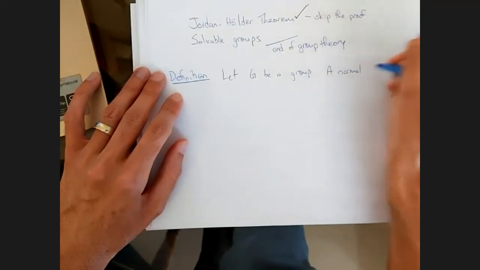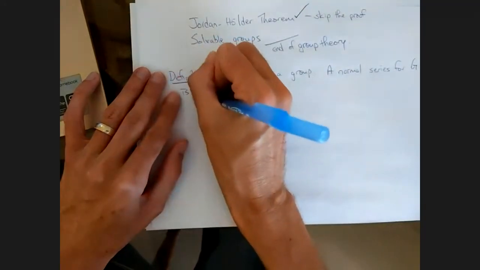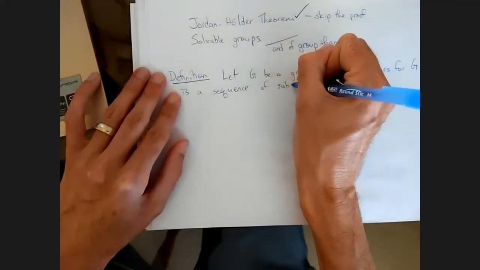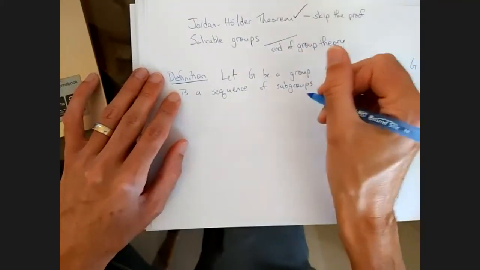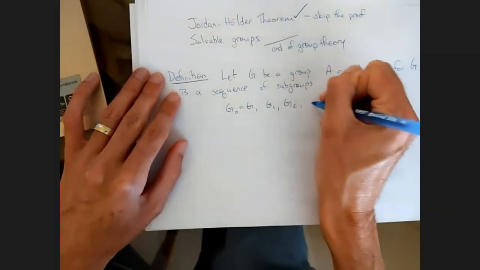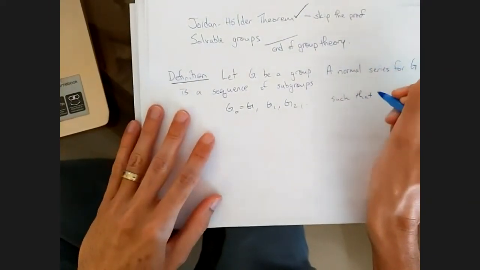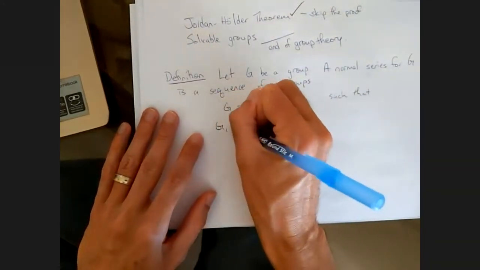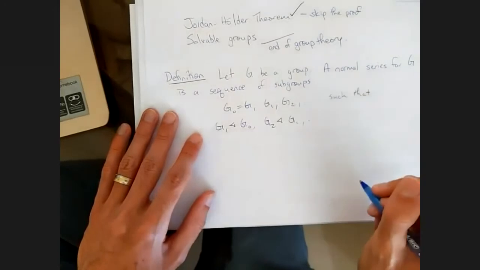A normal series for G is just a sequence of subgroups G0 equals G, G1, G2, and so on, such that G1 is a normal subgroup of G0, G2 is a normal subgroup of G1, and so on.